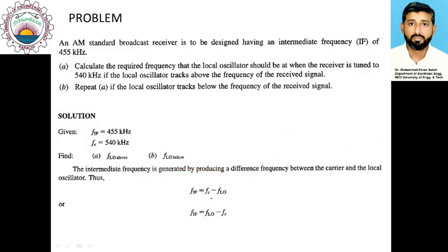So we have the same situation in this problem, where we want to calculate the required frequency of the local oscillator, so that the RF frequency of 540 kilohertz is converted to this IF frequency of 455 kilohertz.